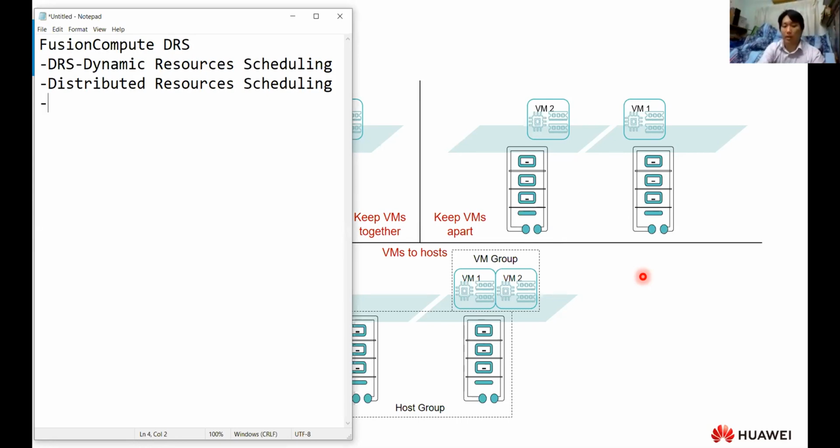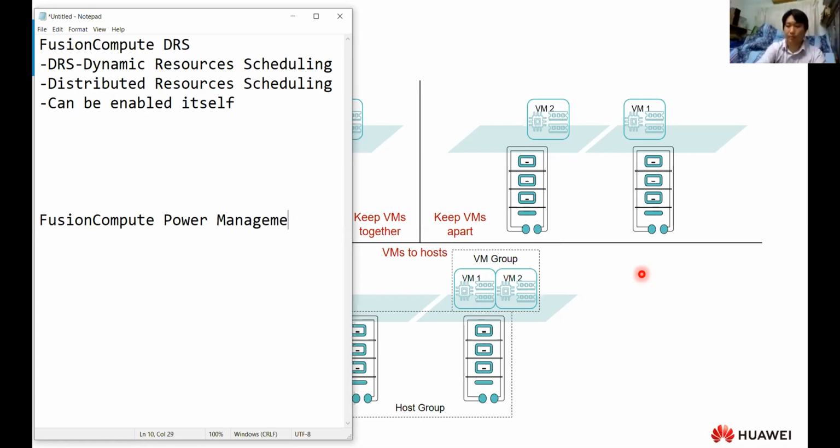So DRS can be enabled standalone. Now if you go for FusionCompute power management that we discussed just now, the power management will require DRS to be enabled before power management.